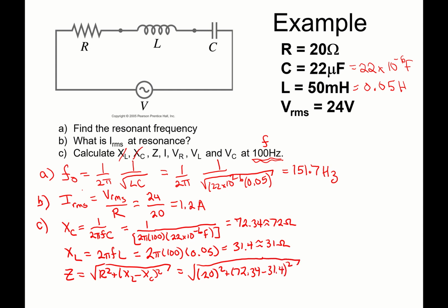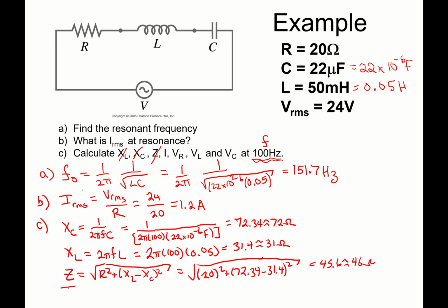And I actually did XC minus XL instead of XL minus XC, but it doesn't matter because we're squaring it. And I get 45.6, or about 46 ohms. Okay, so one more thing done.